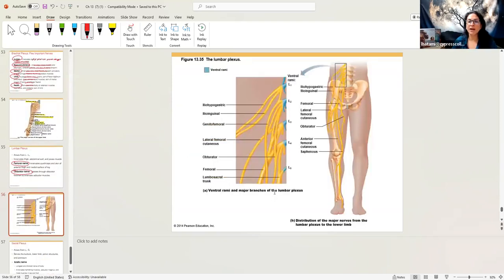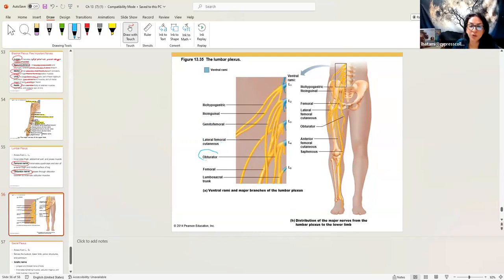So let's look at the lumbar plexus on this image, which shows how the L1, L2, L3, L4 ventral rami of the spinal nerve are involved in making the lumbar plexus. And then you can see the different names: iliohypogastric nerve, ilioinguinal nerve, genitofemoral nerve, lateral femoral cutaneous nerve.